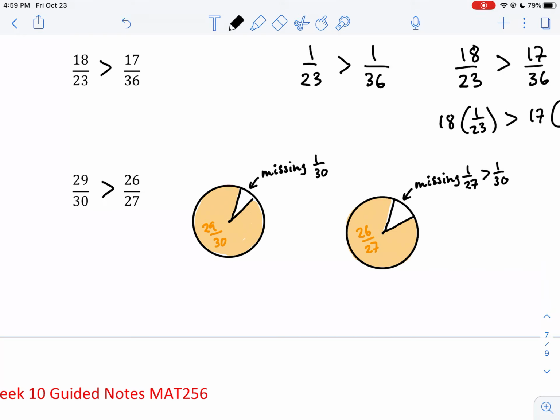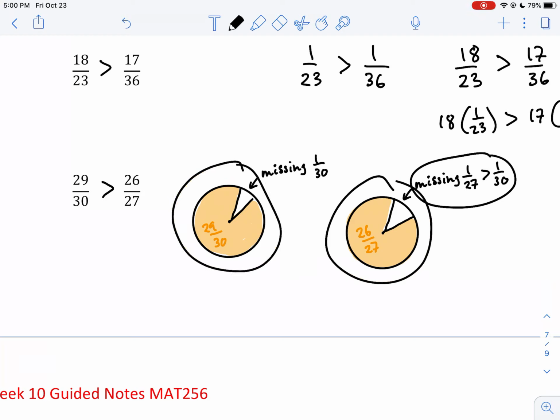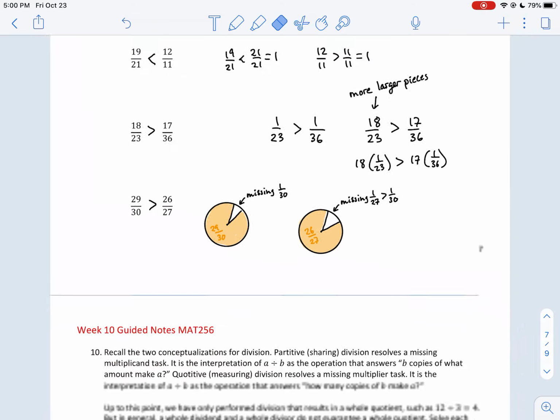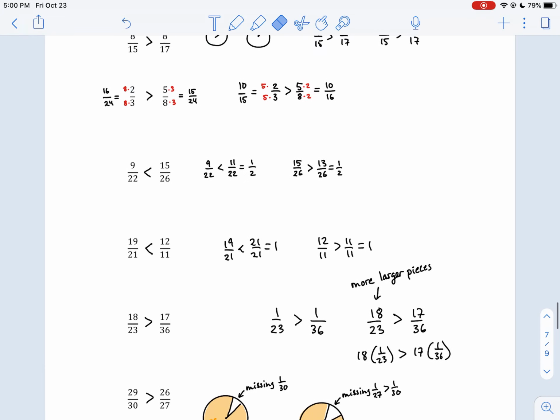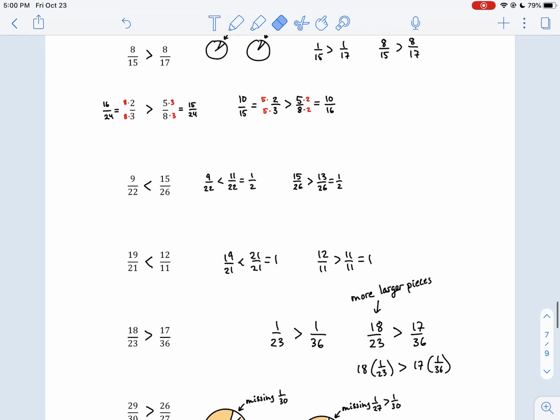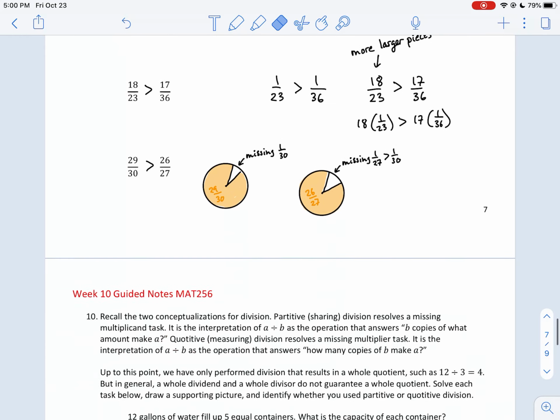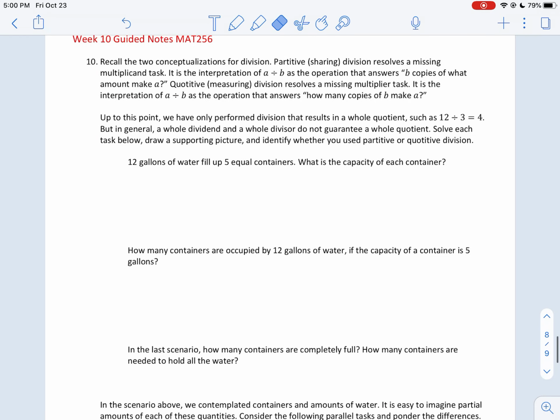So that tells me 29/30 has to be more, because the part that's missing is, in the 27ths case, there's more missing from the circle in 26/27 than there is missing from the circle in 29/30. Therefore, 29/30 is more than 26/27. All right, so this illustrates a variety of strategies that you could use if you want to determine what fraction might be more or less than another fraction.